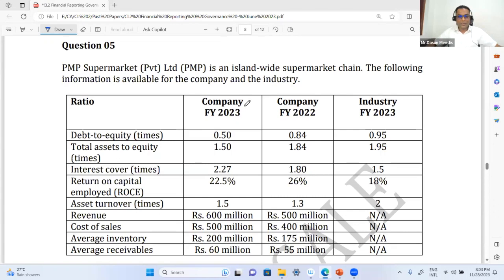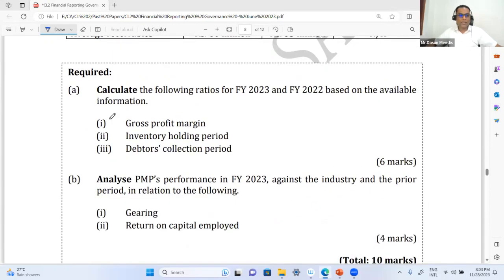Now, if you look at the requirement of the question before reading the question: calculate the following ratios for the financial year 2023 and financial year 2022 based on the available information.